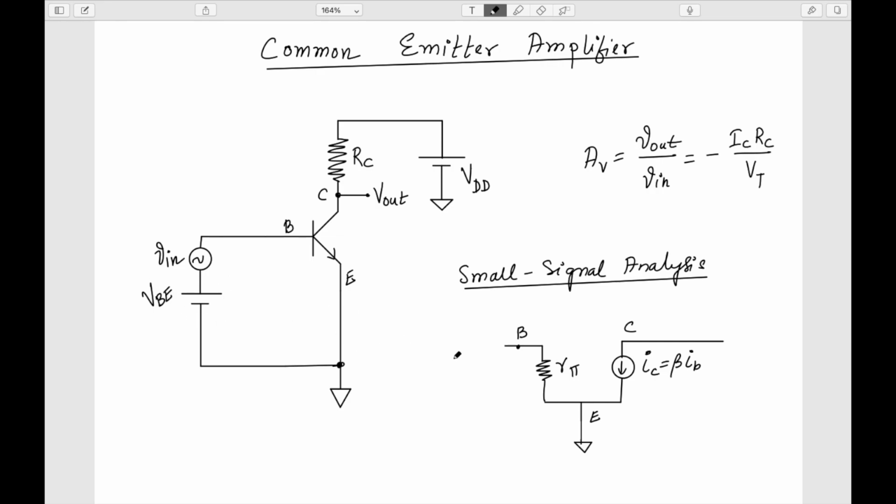So my V in is connected to the base, and this should be grounded. Similarly, this RC is connected to the collector and the other end is connected to VDD. Again, this should be shorted. That means the other end of the RC will be connected to the ground, and this RC should be connected to the collector.